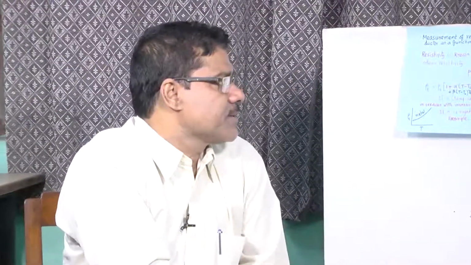So, this is one fundamental experiment in the sense that it shows how to distinguish a metal from a semiconductor. From this experiment we can distinguish between the metal and semiconductor. So, in that sense this experiment is very important.